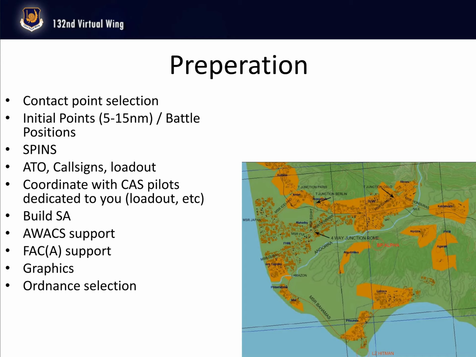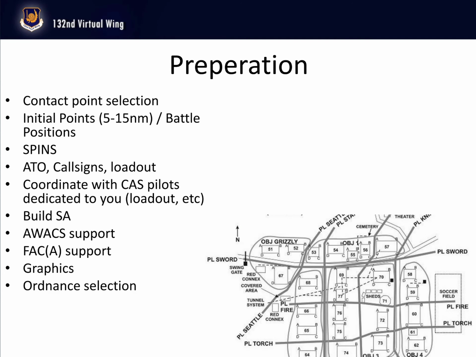So instead of using coordinates for every target and slow talk-ons, we can talk basically according to a map. You see this, for example, on slide 7. You see objective Grizzly. On the left-hand side, building 5-1, corner Alpha, I have a soldier standing there. Much faster than playing with coordinates.